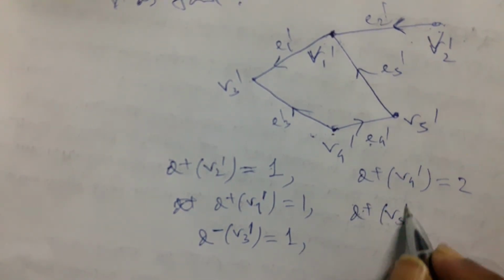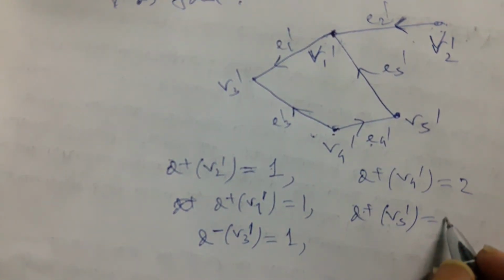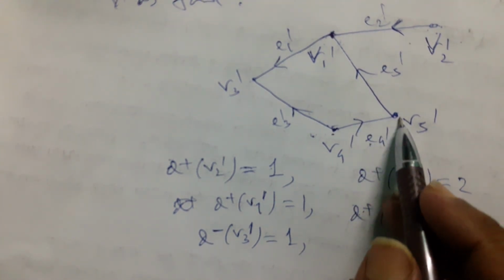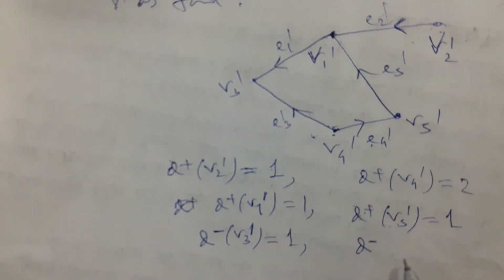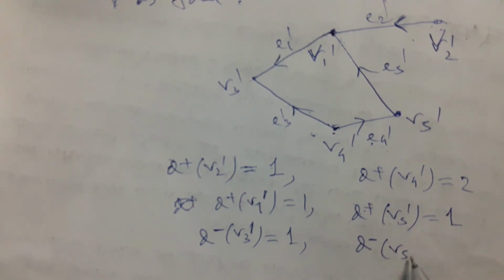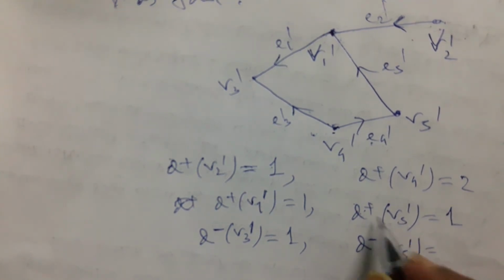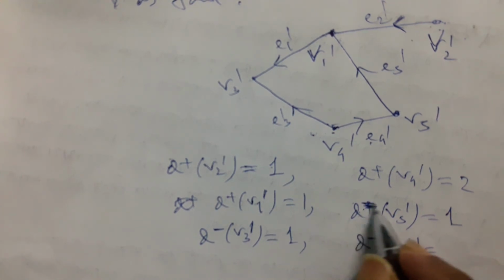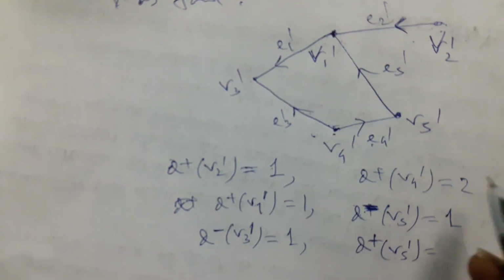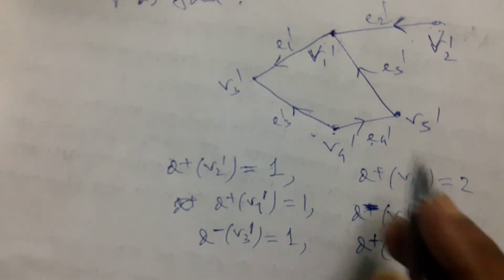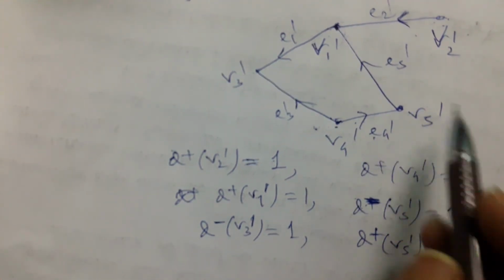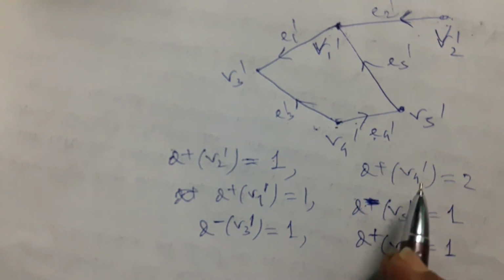D plus of v5 dash is only 1, and d minus of v5 dash is also 1. So here we consider the vertices, and we are getting both in degrees and out degrees.